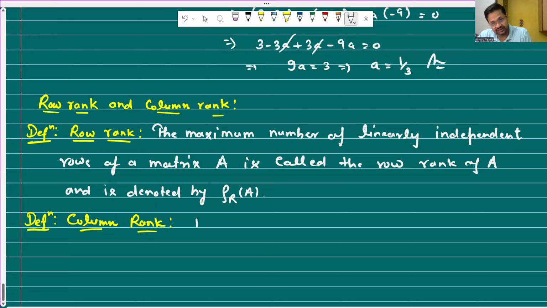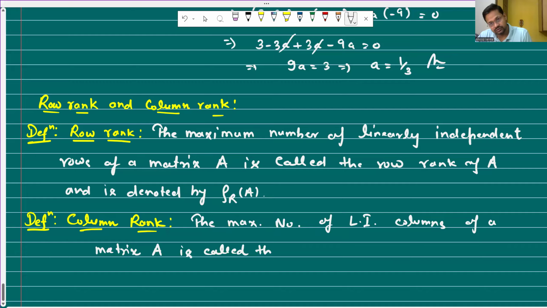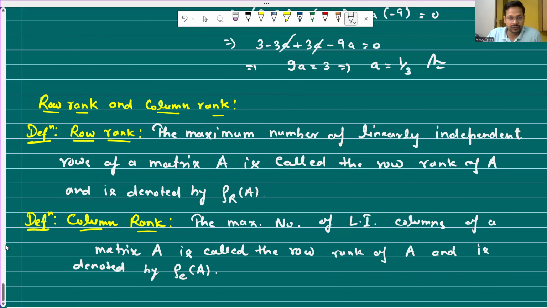We can similarly say the maximum number of linearly independent columns of a matrix is called the column rank of A, and is simply denoted by column rank of A.